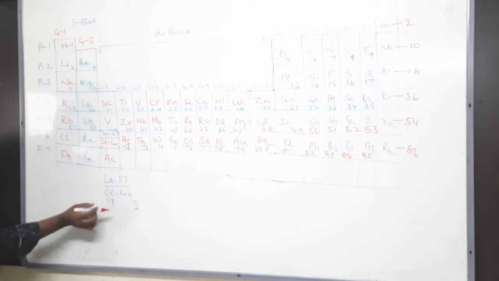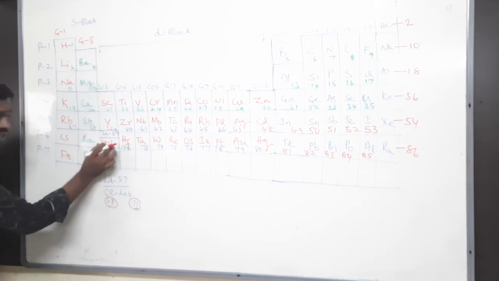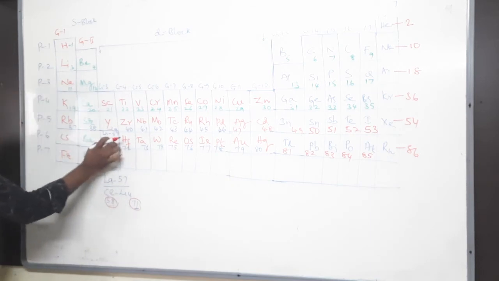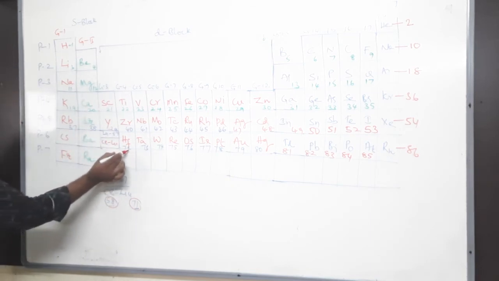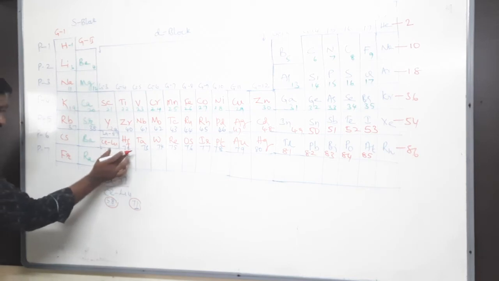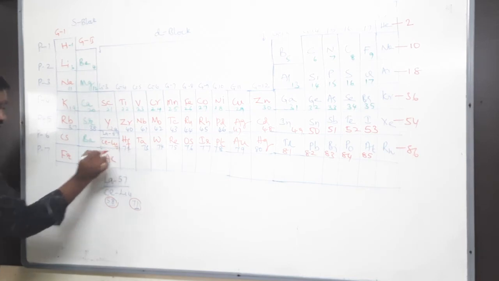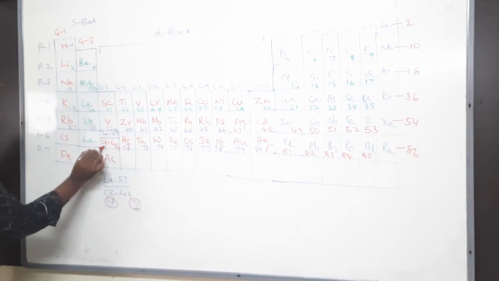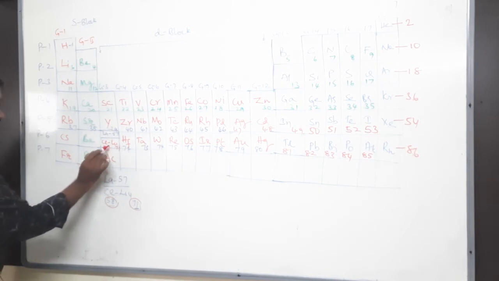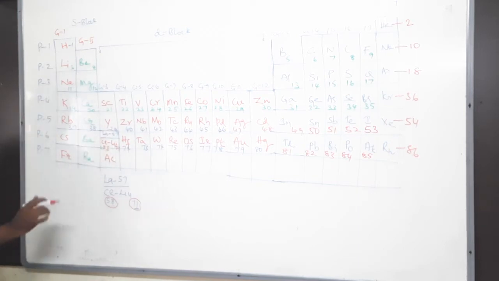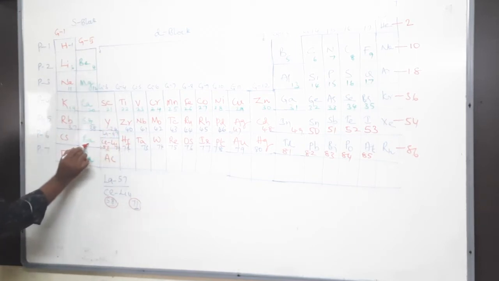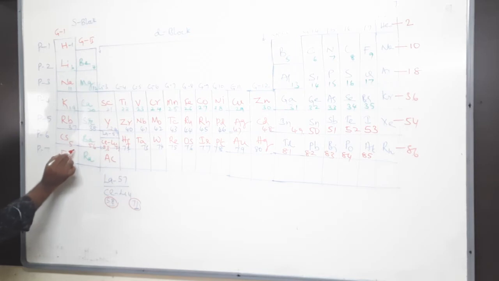Cerium is 58, lutetium is 71. So these 14 elements are placed in this box. It means the next one is 72. Lutetium is 71, cerium is 58, then 57 is lanthanum. Lanthanum 57, then 56, 55.